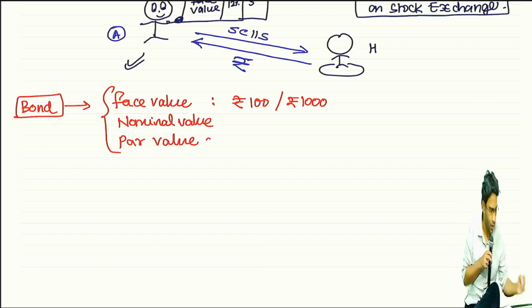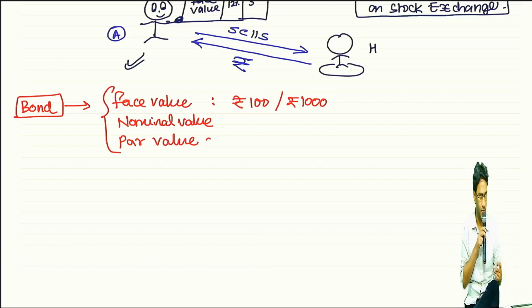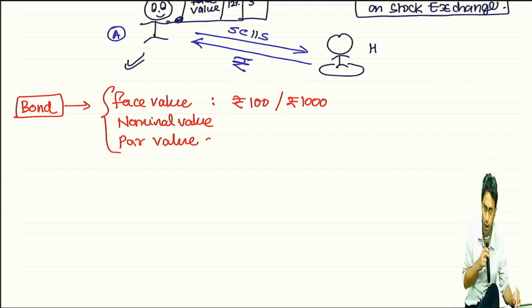Now, sir, is face value representing the real worth of the bond? The answer is no. Then what is the relevance of this face value? The relevance is that a bond, just as it has a fixed face value, will also have an interest rate.